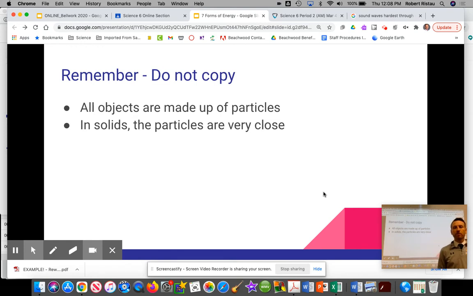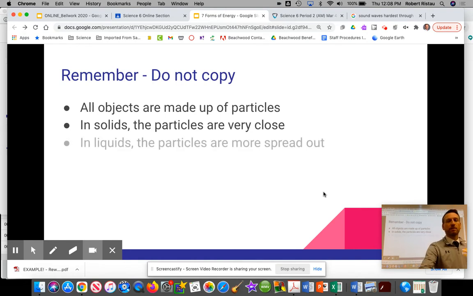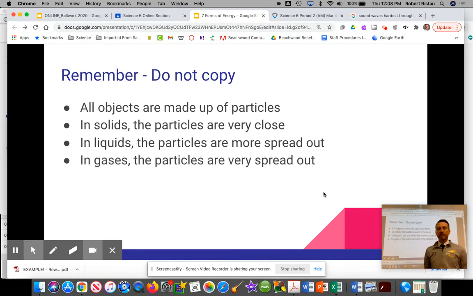It's important to remember that in solids, the particles are really close together. They are tightly packed. In liquids, they begin to spread out a little bit more. And then the most space is in a gas, where there's lots of space in between the particles. The speed at which particles are moving is also different in all three states of matter.